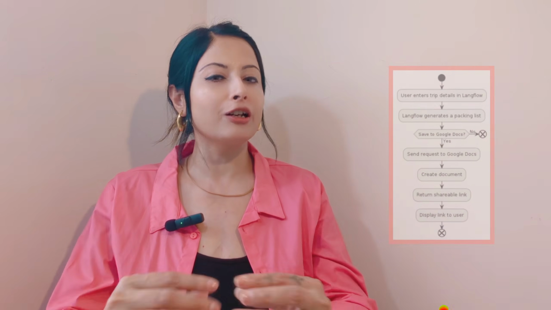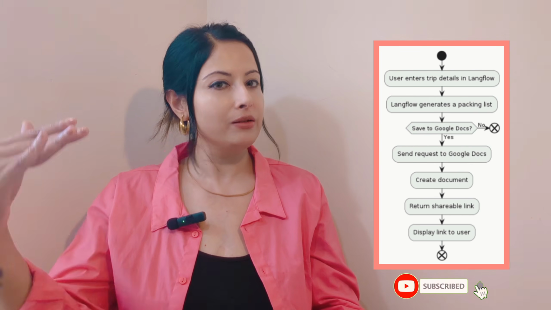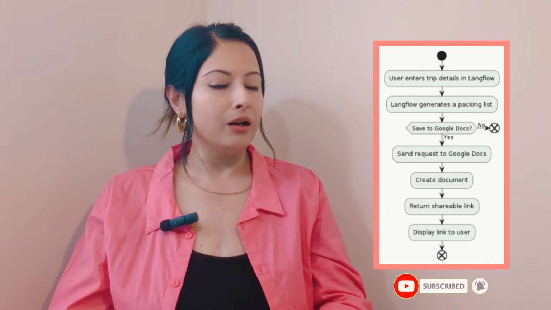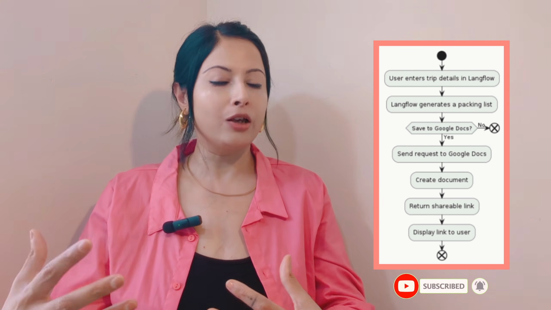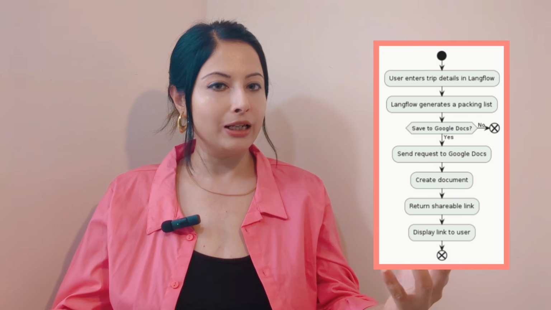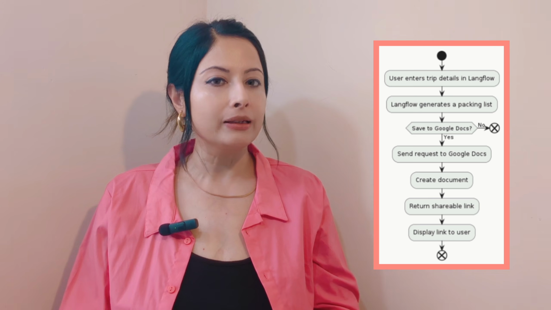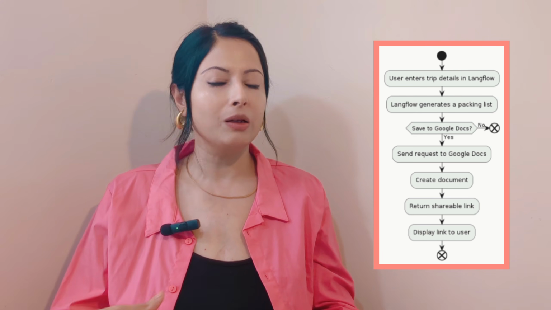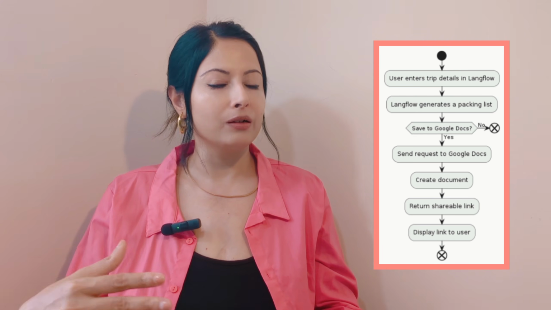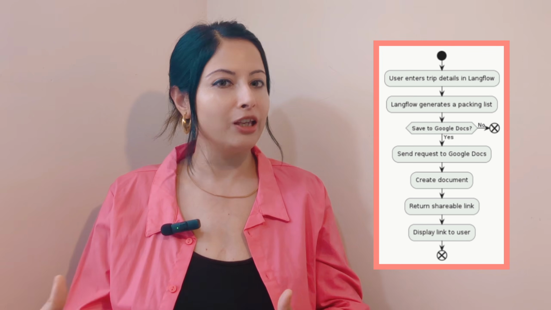Let me give you an overview in terms of how it's going to work. First, the user would enter the trip details in the chat interface. The AI agent is going to take those inputs and create a personalized packing list. Once the user is happy with the packing list, I assume there is going to be a couple of back and forth between the user and the AI agent.